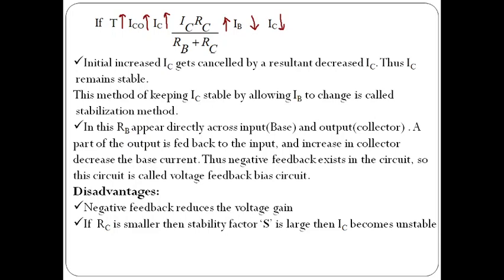Now, how is the collector current stable? We can say IB equals VCC minus VB by RB plus RC, minus ICRC by RB plus RC.